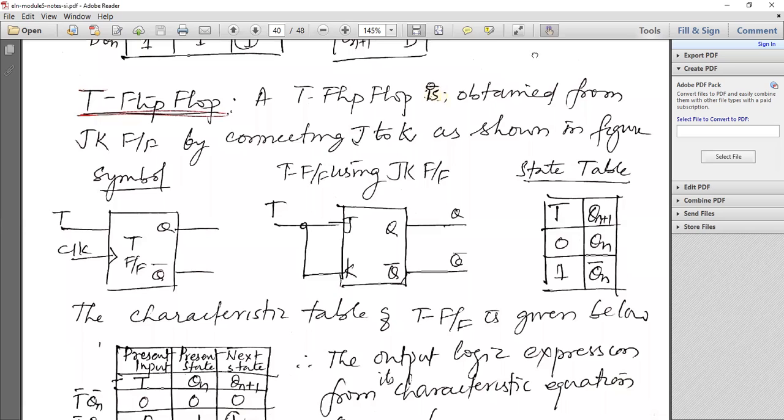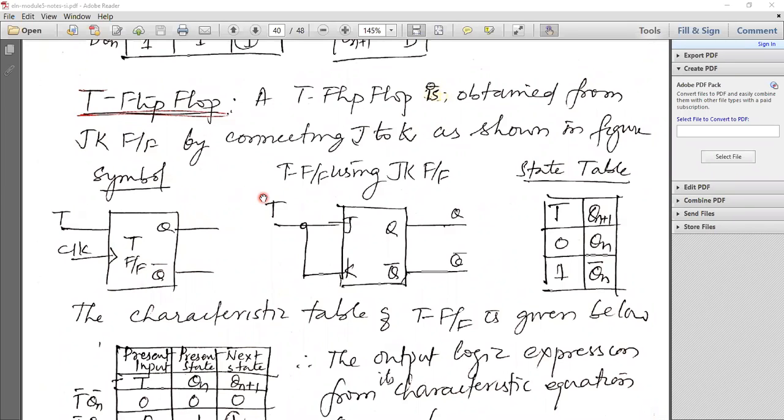Next we'll see the T flip-flop. The T flip-flop is obtained from JK only, with the help of a tied input, that is J and K are tied together and connected to T. It is also called the complementary type.